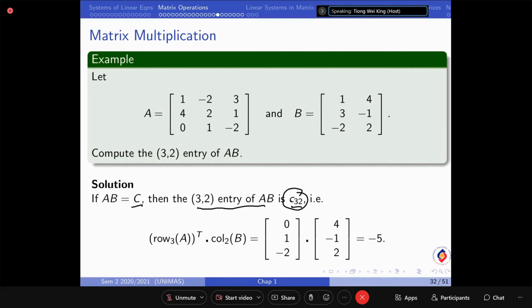Basically you take row 3 of A and multiply with the second column of B. In the formula we need to write transpose because this is a row. If you transpose it becomes a column, then you can do the multiplication. So it's 0 times 4 plus 1 times -1 plus -2 times 2, so you get -5.